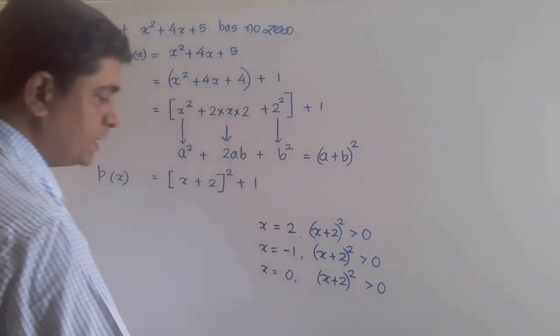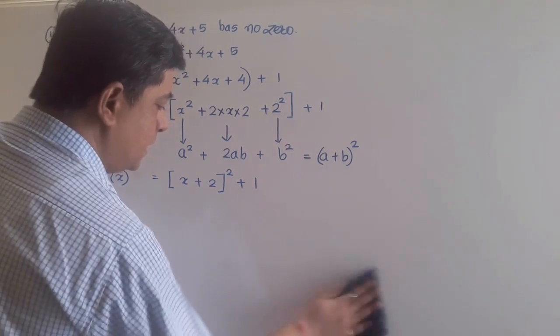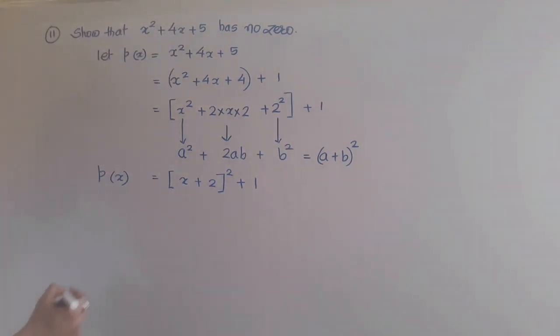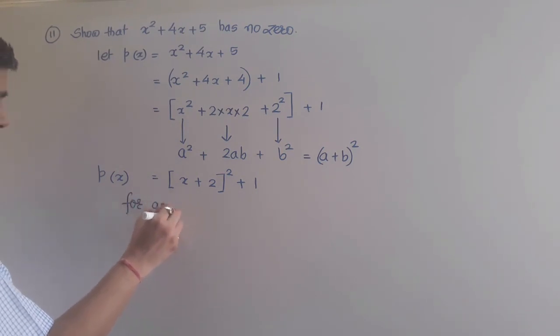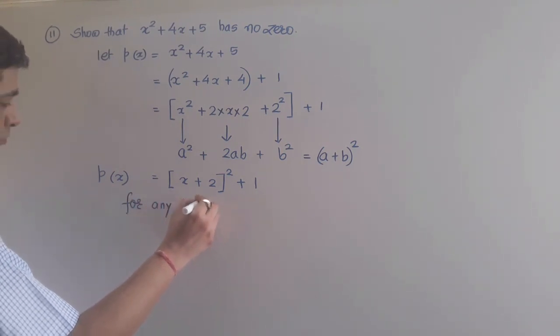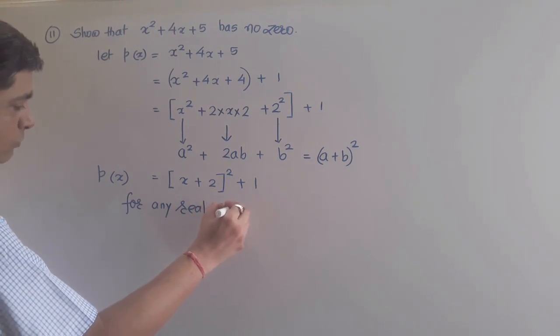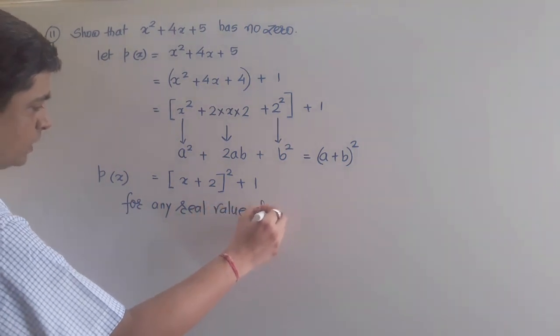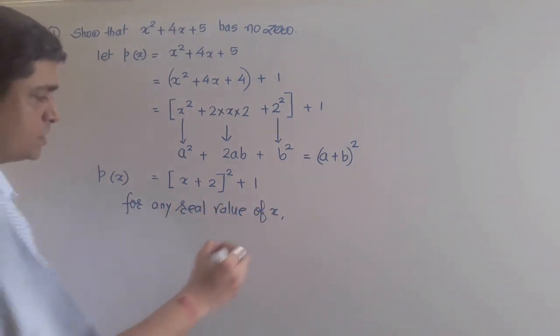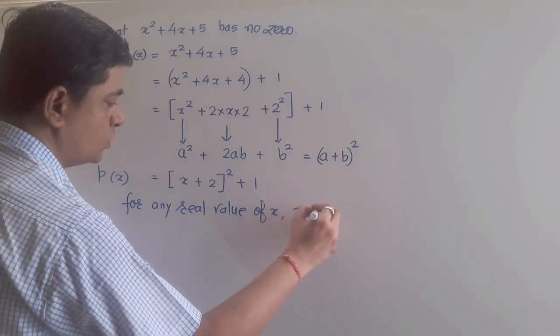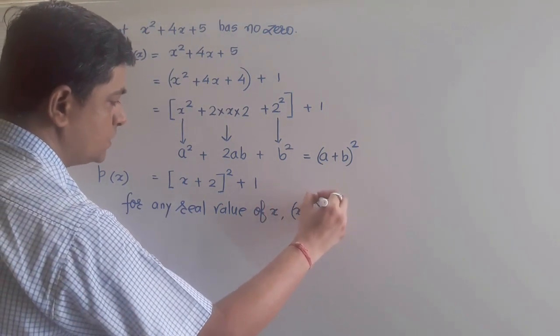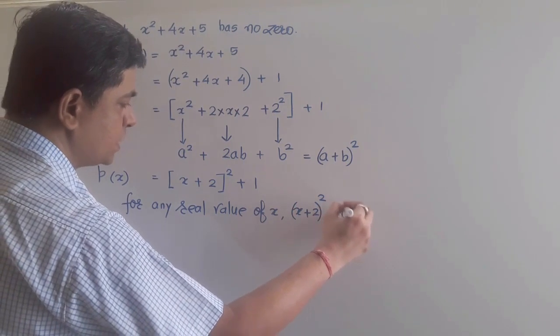So how to present the answer at the last here? See, if I write here, for any real value of x, we can say that x plus 2 whole power 2 is not equal to 0.